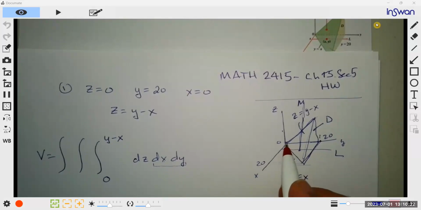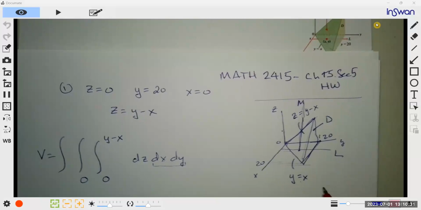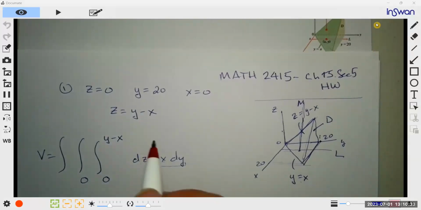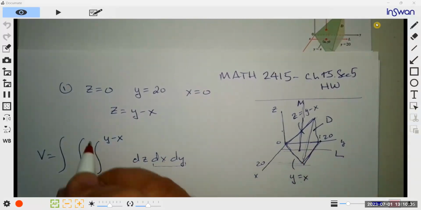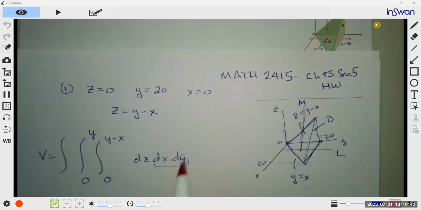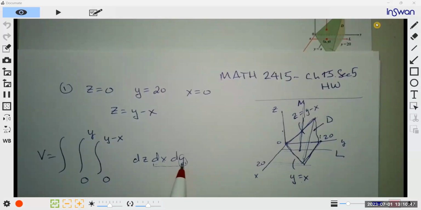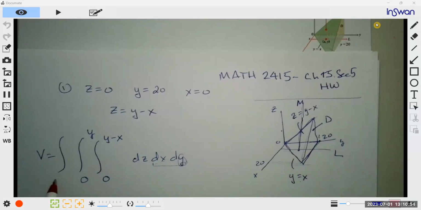So the smallest x can be is 0, and it goes all the way to our line. Because we need to have it in functions of y. The first one has to be in functions of x, y. The second one has to be in functions with respect to y. And the last one is our bounds for y, which are from 0 to 20.